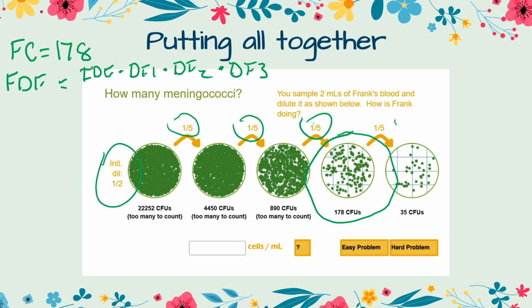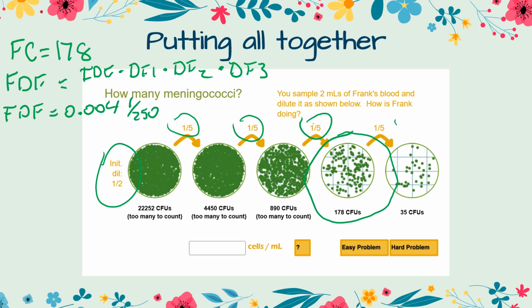So 1 over 5 times 1 over 5 times 1 over 5 times 0.5 would equal my final dilution factor, which equals 0.004 or 1 over 250.